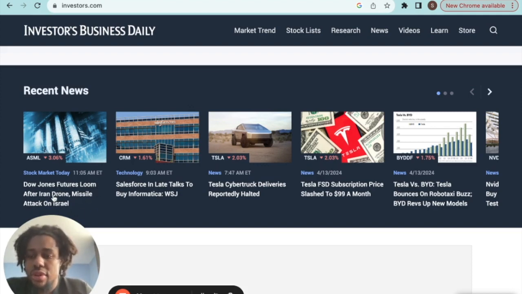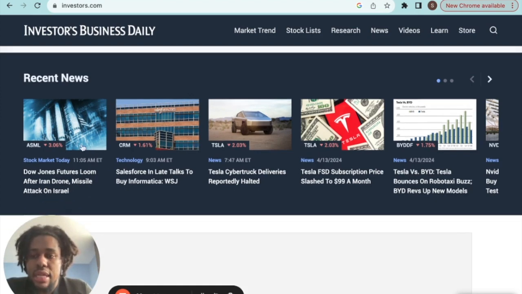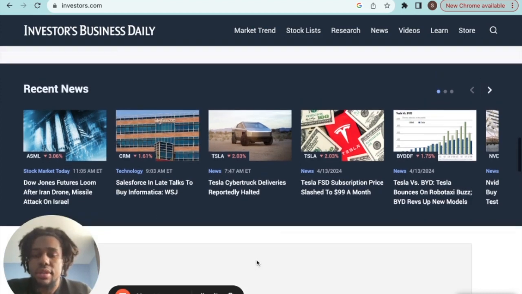Dow Jones futures loom after, yeah. So this is essentially saying that the stock market is likely to gap downwards, which is to be expected because people like to draw their money out of things that have no innate value and put them to things that have innate value, like gold and various other physical assets that you can touch, rather than keeping it in fiat currencies or even cryptocurrencies.